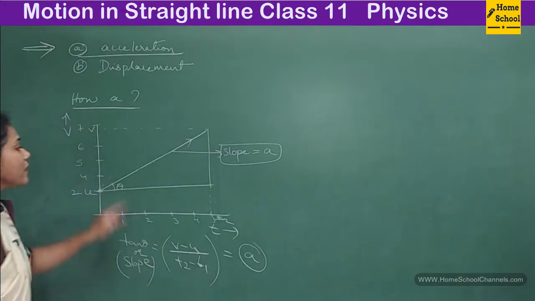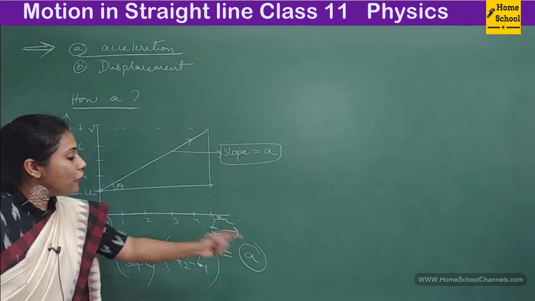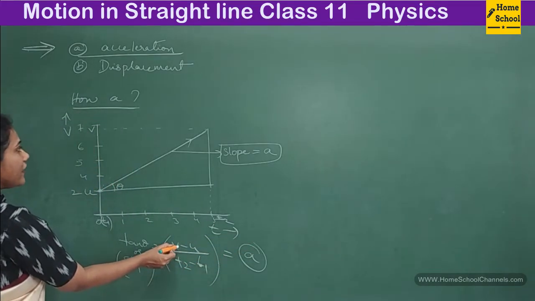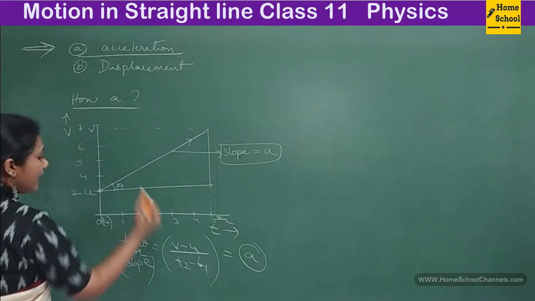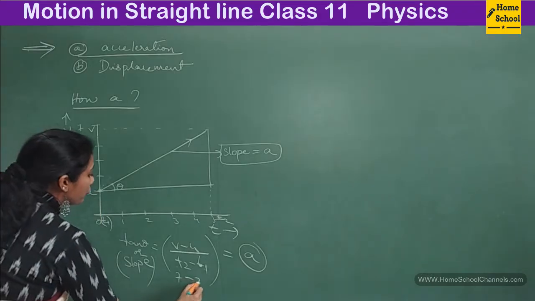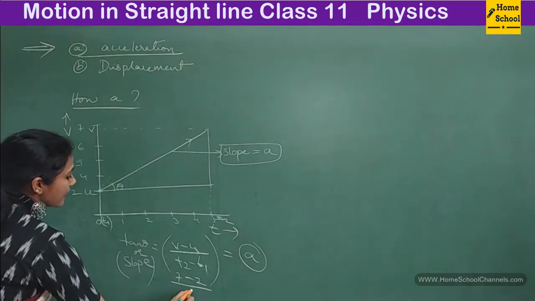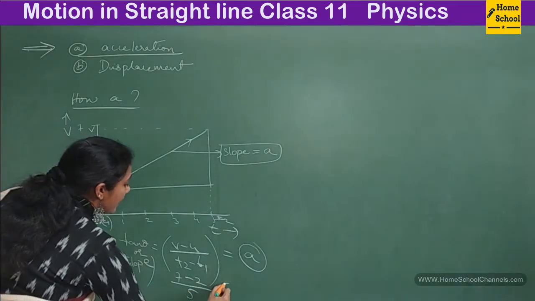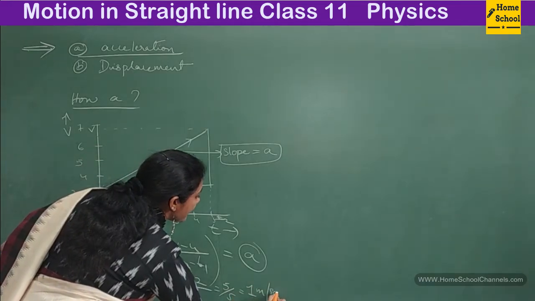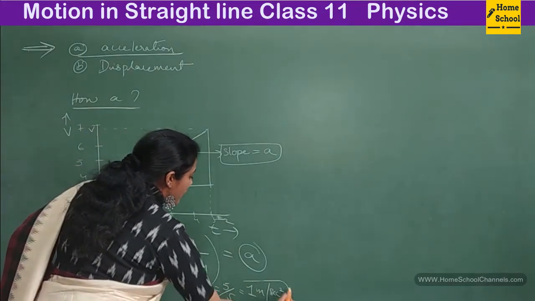If you can find the slope of this line, definitely you will get the value for acceleration. So here, can you tell me what is the value for acceleration here? What is v? v is 7 minus u is what? 2, right? So divided by 5 minus 0, that is 5. So it is 5 by 5, that is 1 meter per second square, right? So this is your acceleration, right?